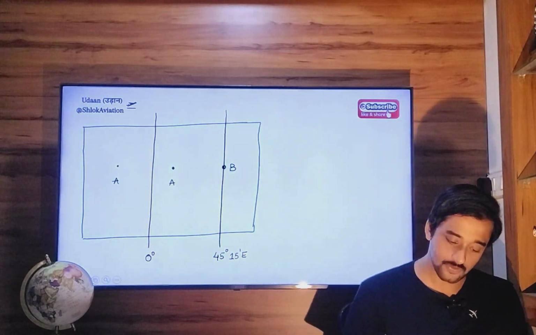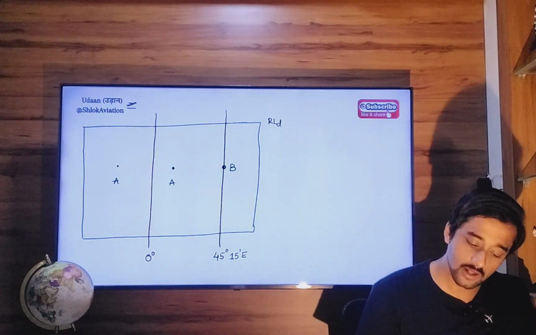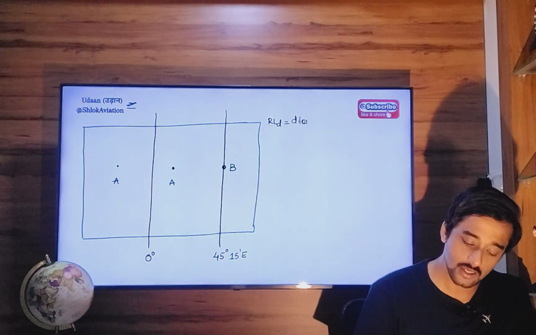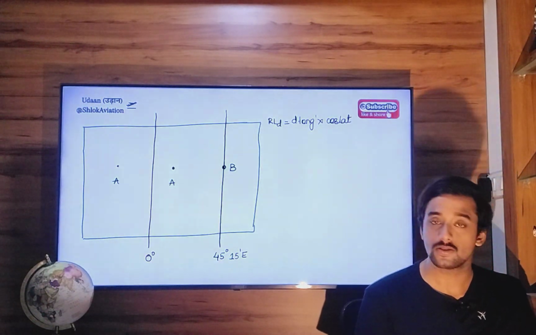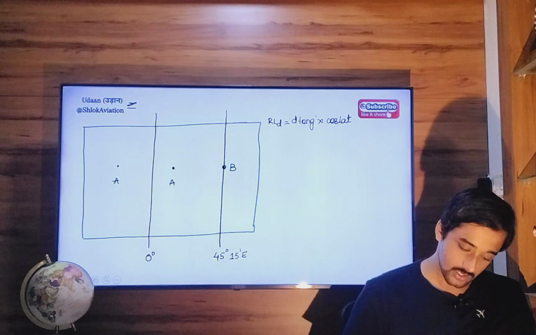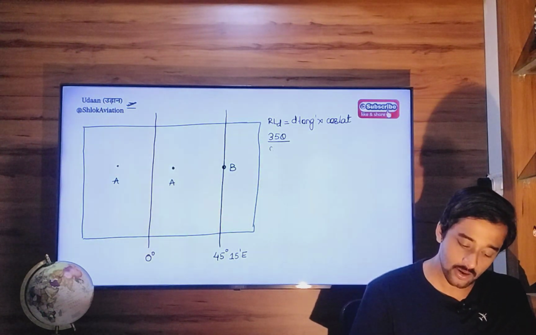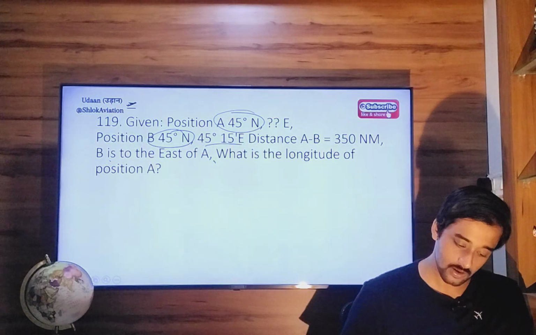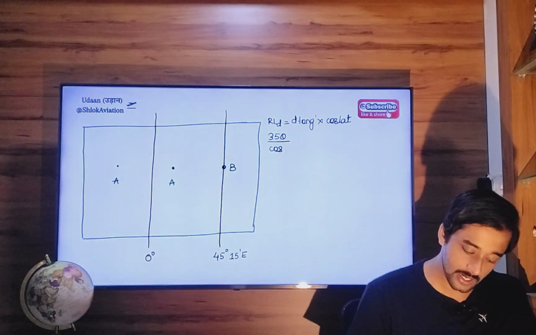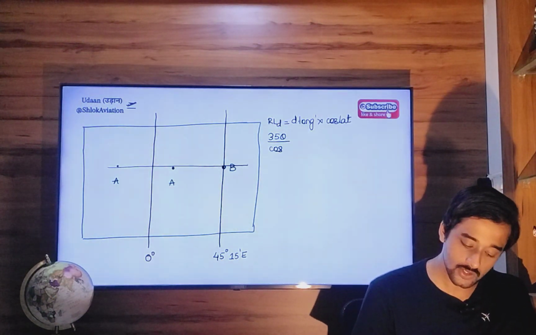Rhumb line distance equals d long in minutes into cos of latitude. Right. So rhumb line is 350 miles divided by cos of 45. Both are located at the same latitude, that is 45 degrees.